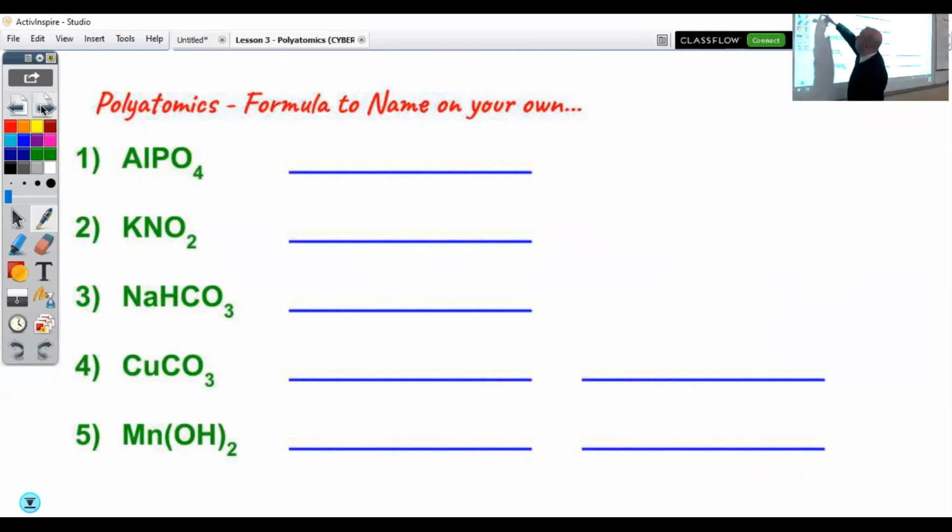So in our first example, we have aluminum, and then we have PO4. If you look at your polyatomic ions, PO4 is the ion phosphate. So the name here is going to be aluminum phosphate. Here again, we have an element, K, potassium, straight off the periodic table.